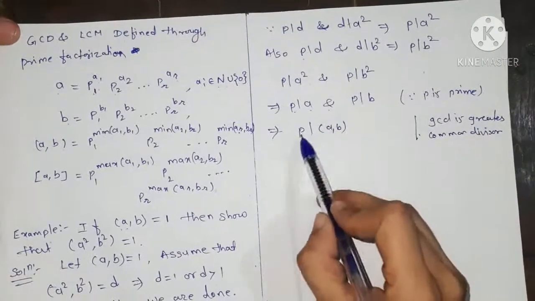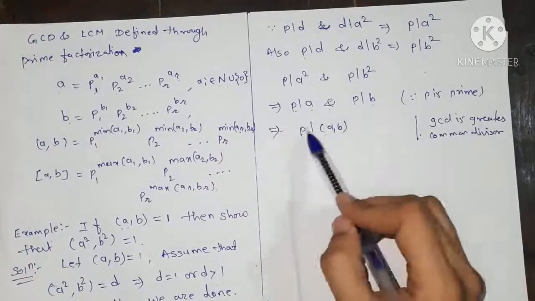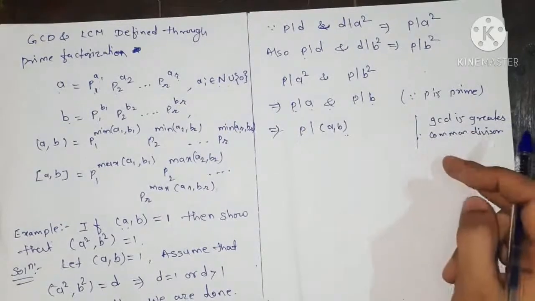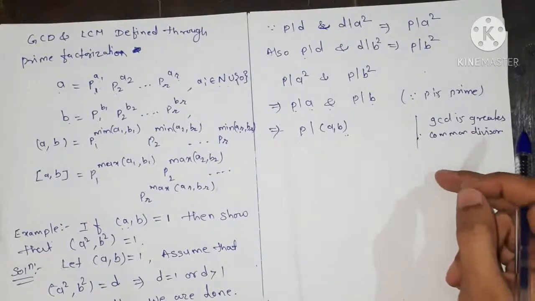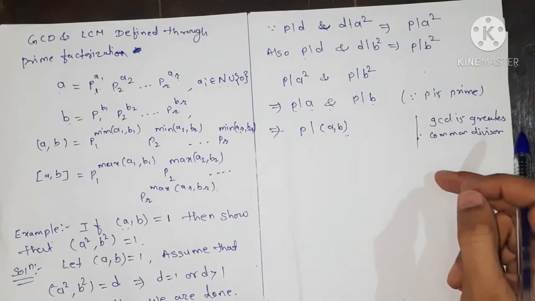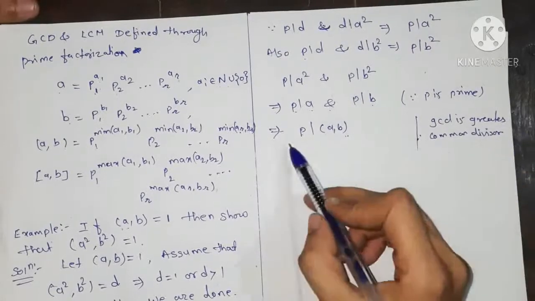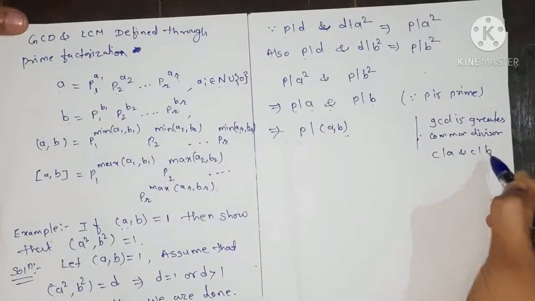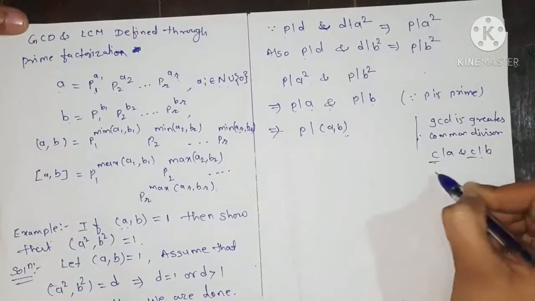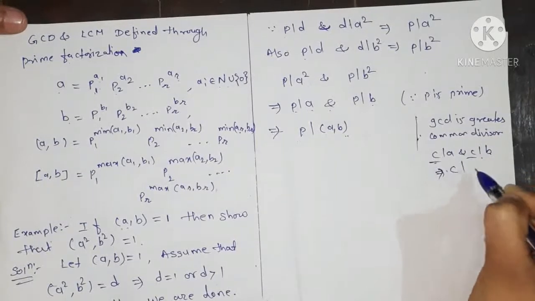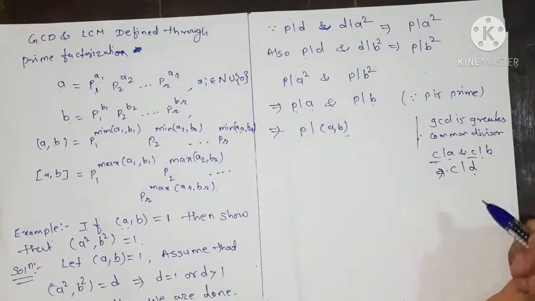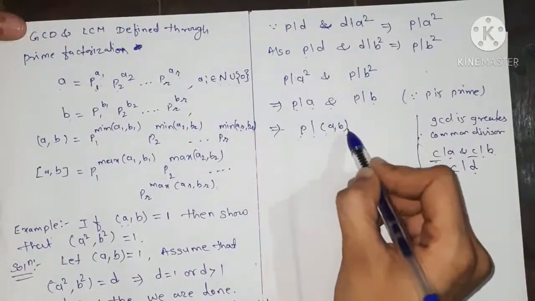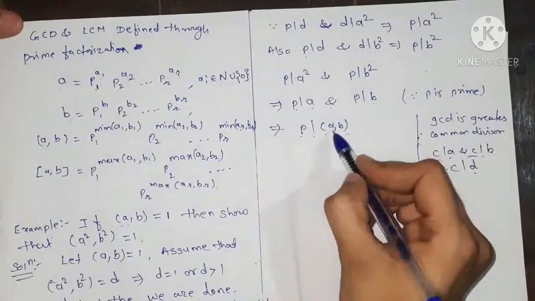So if P is dividing A and P is dividing B, then P divides the GCD, because of the theorem on GCD: if any common divisor C divides A and C divides B, then C divides D, where D is the GCD of A comma B. So combining these results, P is dividing the GCD of A and B.